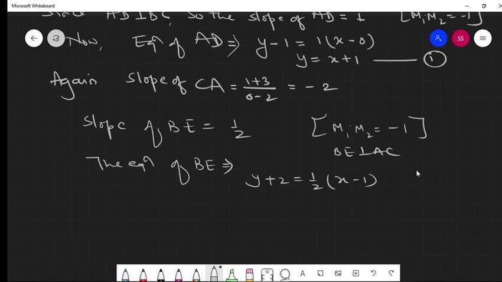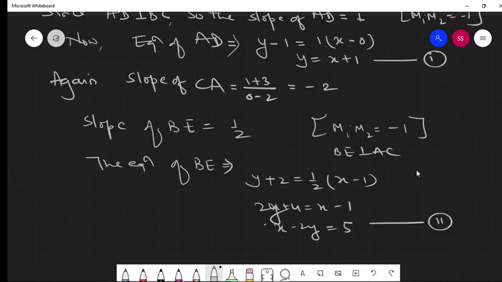Doing this, 2y plus 4 equals x minus 1, so it becomes x minus 2y equals 5. This is the second equation, of BE.